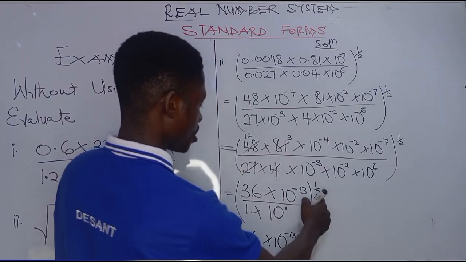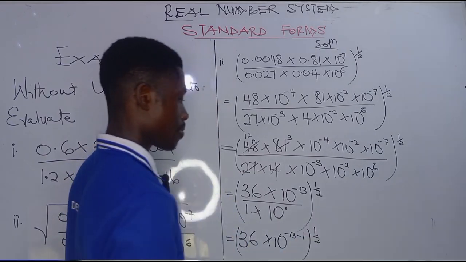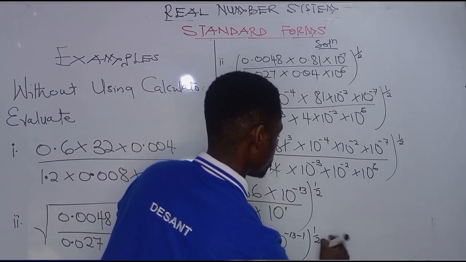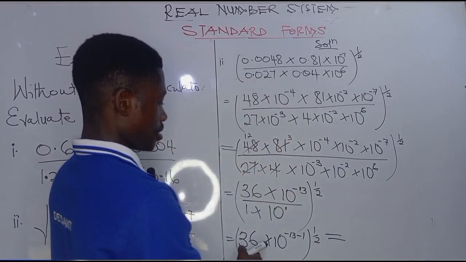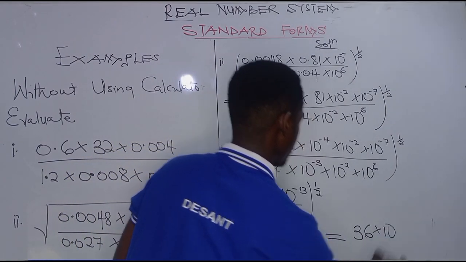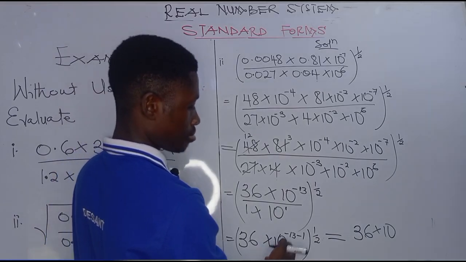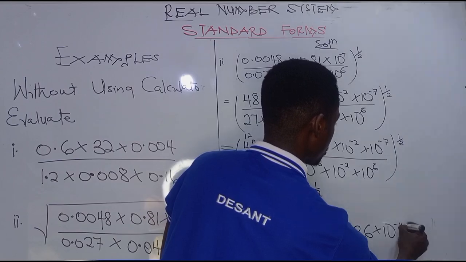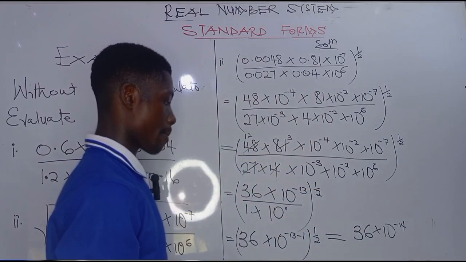All raised to the power half. Let's continue from here. We have 36 times 10 raised to the power negative 13 minus 1, which will give us negative 14.